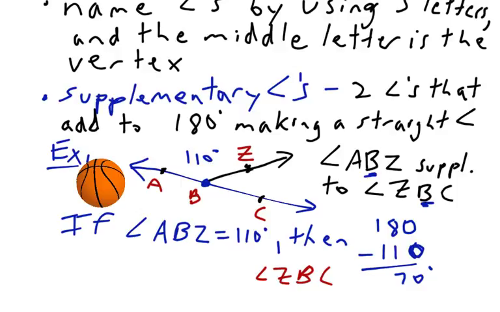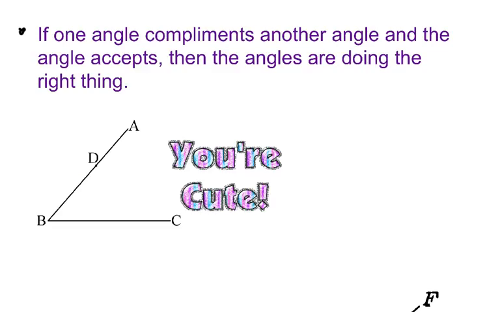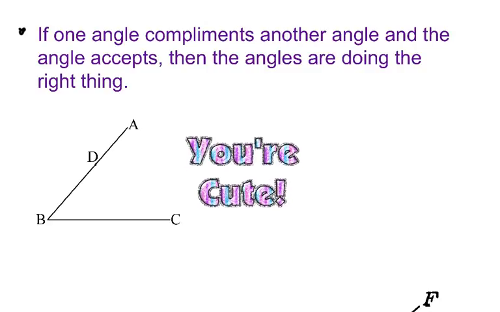Now the next group of angles, they're very nice. And I mean extremely nice. Good role models. Yeah, please pause the video if you need any more time copying that, because we're moving on to complementary angles. So if one angle complements another angle, you're cute.